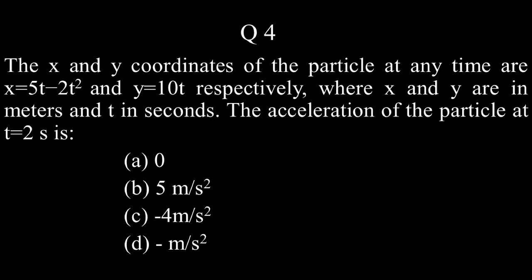vectors, which is something that is not supposed to be discussed in chapter 1, which is motion in a straight line. But let me just give you just a small hint of this.